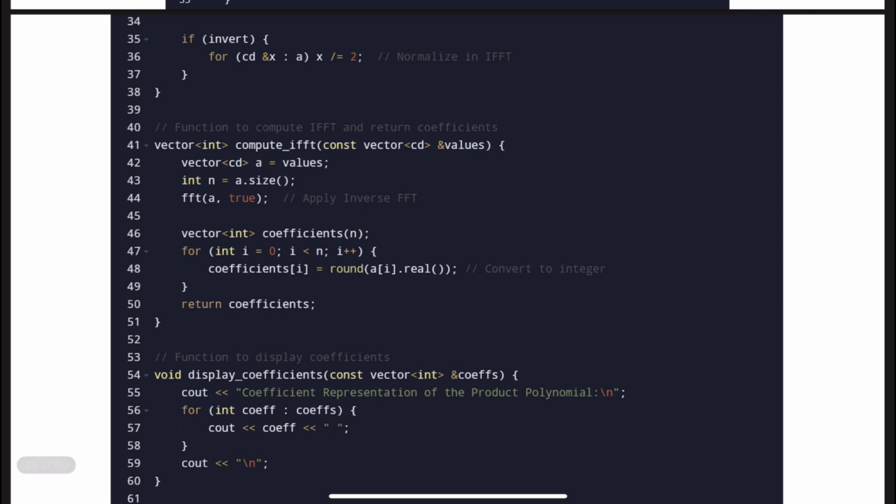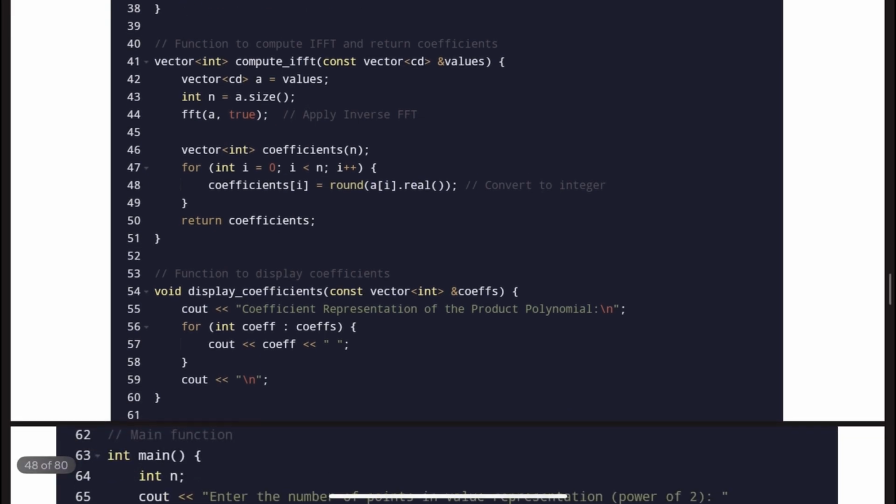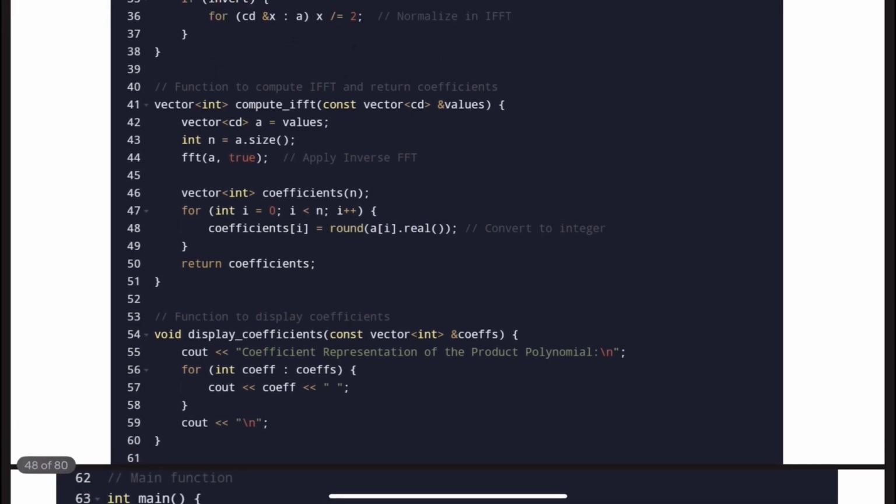First it calls the FFT function on the values with the invert flag set to true to apply the inverse FFT and return the coefficients. After that it converts the complex result into integer coefficients using rounding.